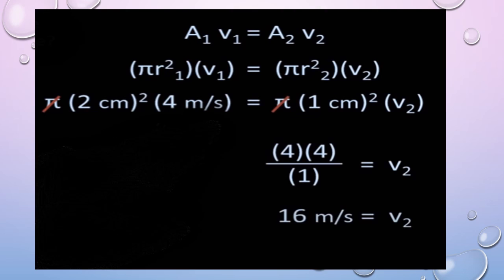You can write the values for R1 and R2 on both sides, and cancelling pi on both sides and rearranging, we get 4 into 4 divided by 1, which is equal to V2. Solving this equation we get V2 is equal to 16 meters per second. This shows that the velocity of the flow emerging from the nozzle is 16 meters per second. By using the equation of continuity, you have solved the problem.